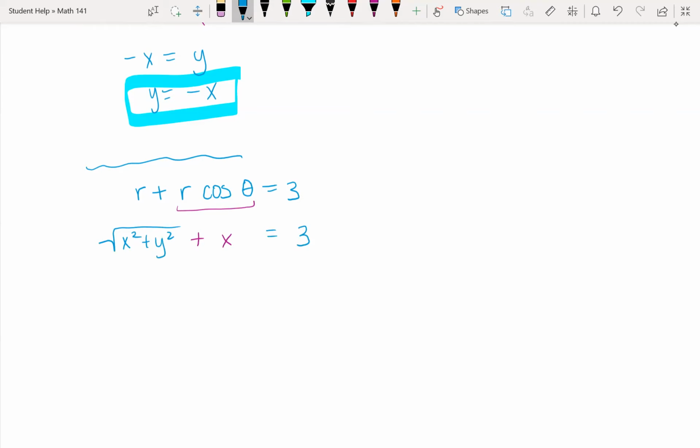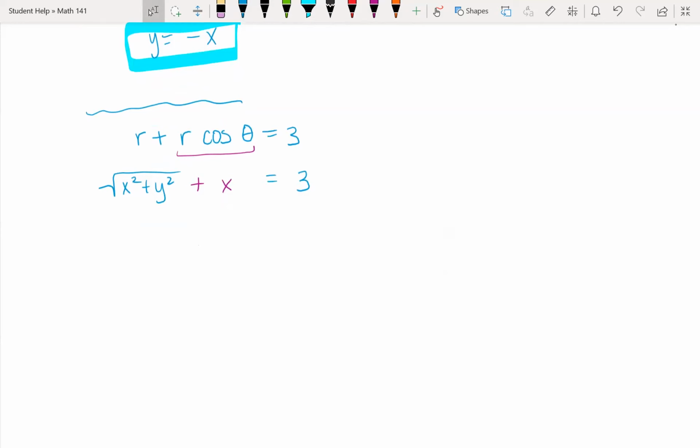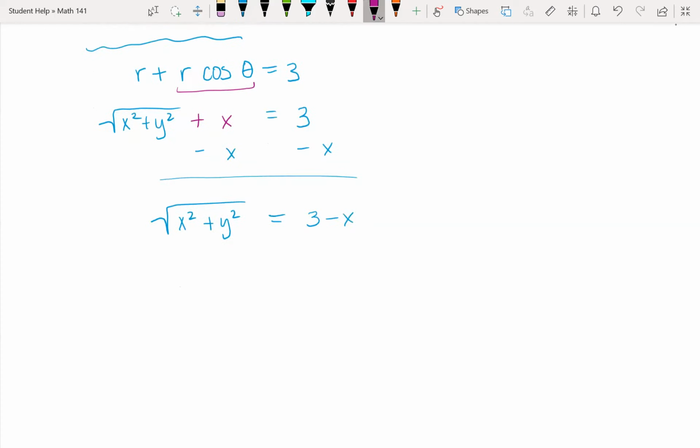Because I have a square root, I want to try to get rid of it. And to do that, I need to move everything away from the square root so I can square both sides. So I'm going to subtract x from both sides. And then I'll have the square root of x squared plus y squared is equal to 3 minus x. Now I can square both sides. When I square the left side, I'll just have x squared plus y squared.